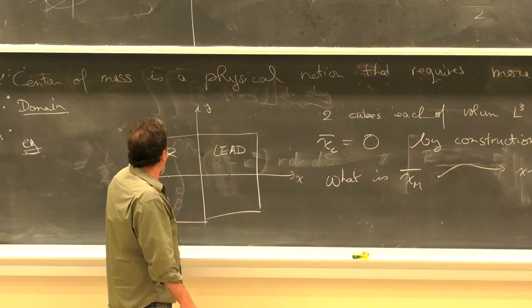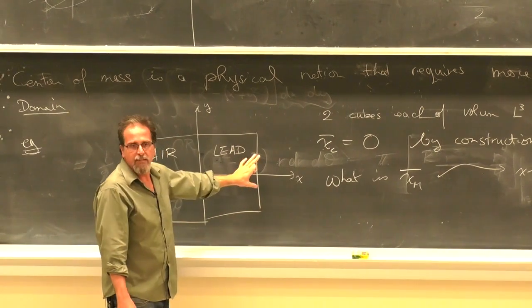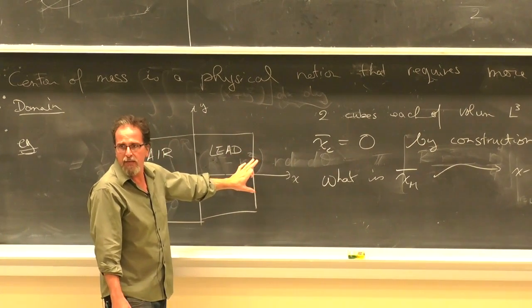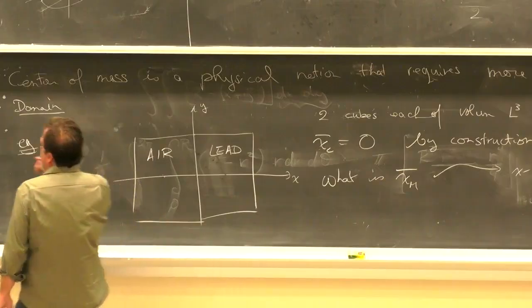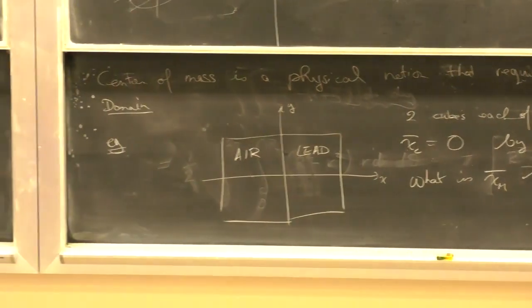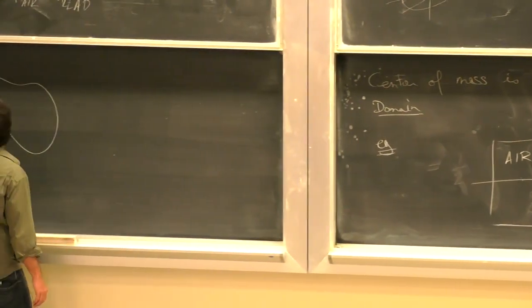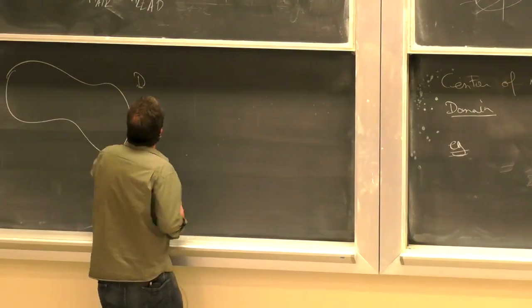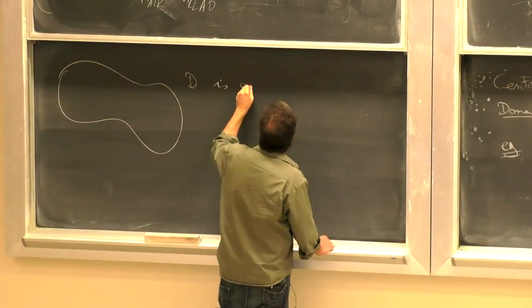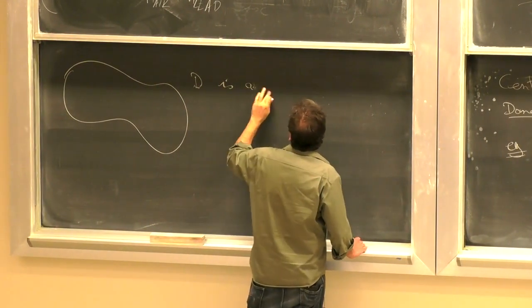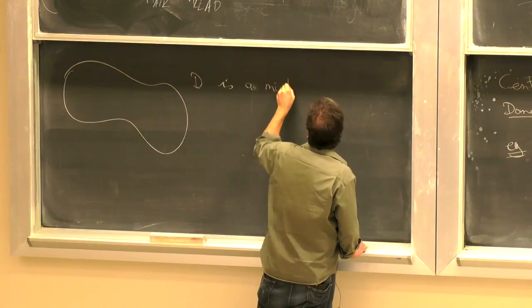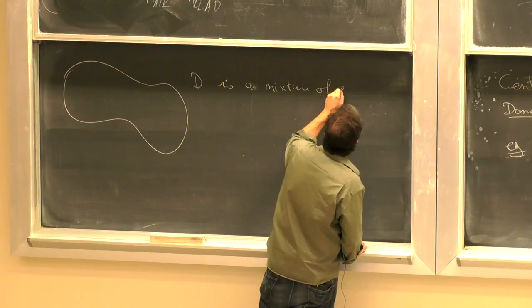We can have air included in that somehow, or water included in that. So you can take a look at some complicated domain, say some D that is a mixture of elements.